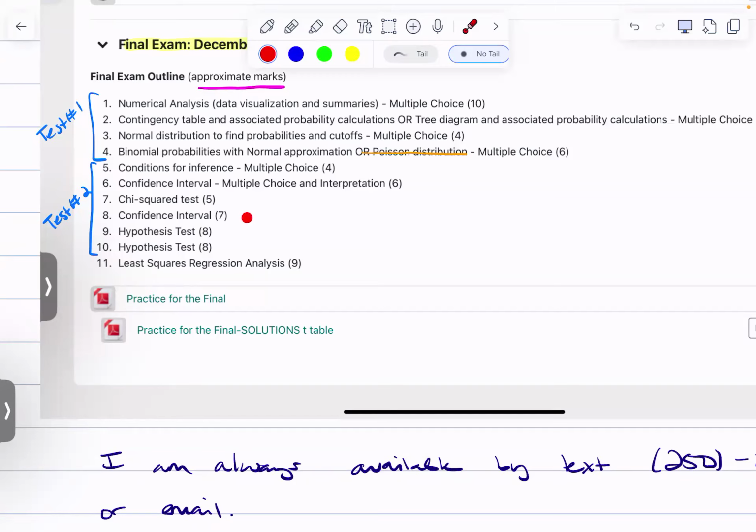Then a long answer confidence interval for 7 marks-ish. With the higher marks, usually it's about 4 or 5 for a confidence interval. You can expect to have to do that follow-up question of, okay, well, using this interval, what would your hypothesis conclusion be, right? So you're doing confidence interval just like on test 2, right?